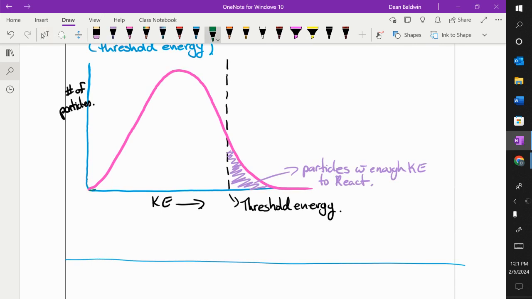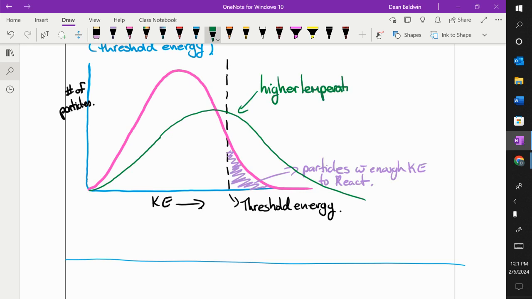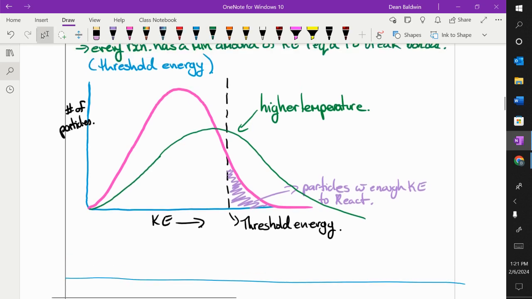It looks like this. Now, these are all just rough estimates. So this is the higher temperature. This is the lower temp.